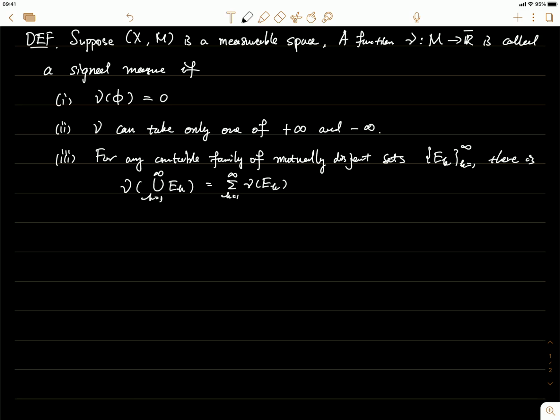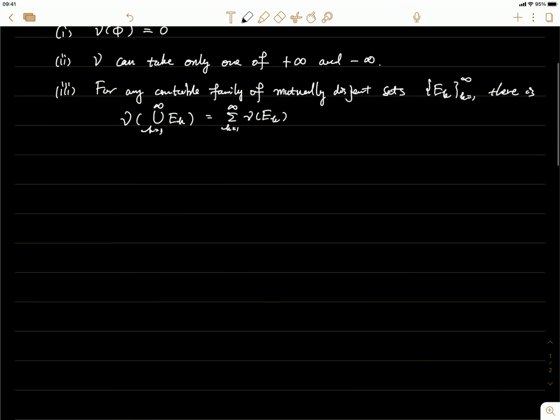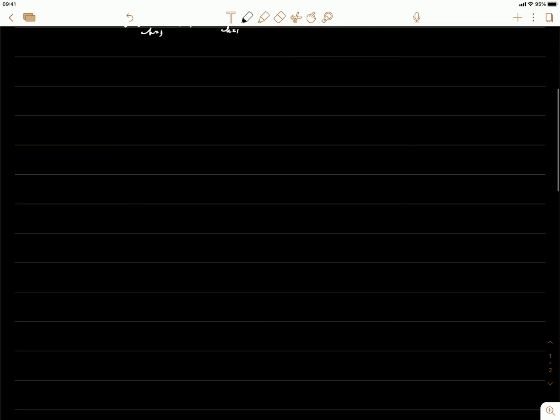Okay, since we gave the definition, we want to study its properties. The first property is similar to the regular positive measure. It's about continuity.